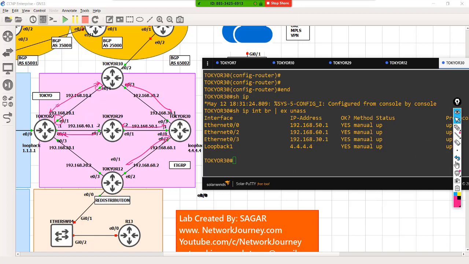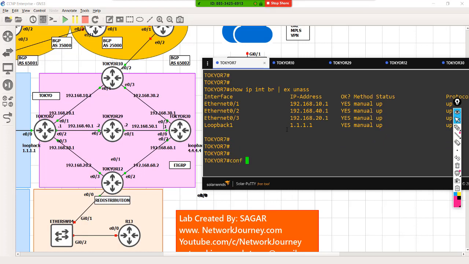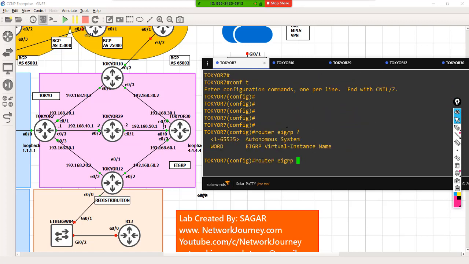Once we have the basic reachability, we can enable EIGRP, and configuring EIGRP is very simple. Go with router EIGRP and go with some autonomous system. Now, this could be the third criteria for neighborship not coming up. Let's say the autonomous system is not the same.